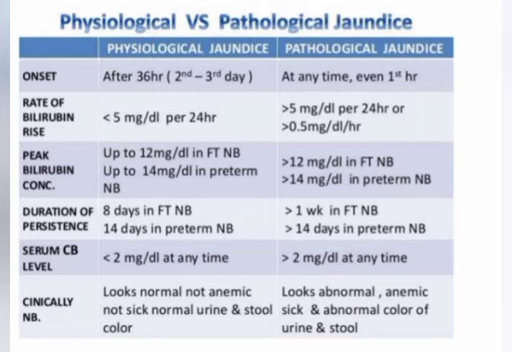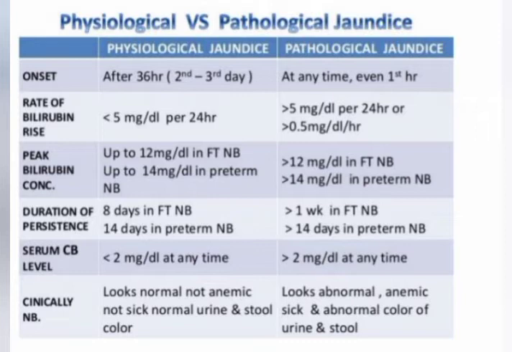Then 14 days in a preterm newborn in physiological jaundice, and in pathological jaundice it can last more than 14 days. Coming to the serum level, in physiological jaundice the direct bilirubin will be less than 2 mg per dl at any time, and in pathological jaundice the serum bilirubin level will be greater than 2 milligram per deciliter.